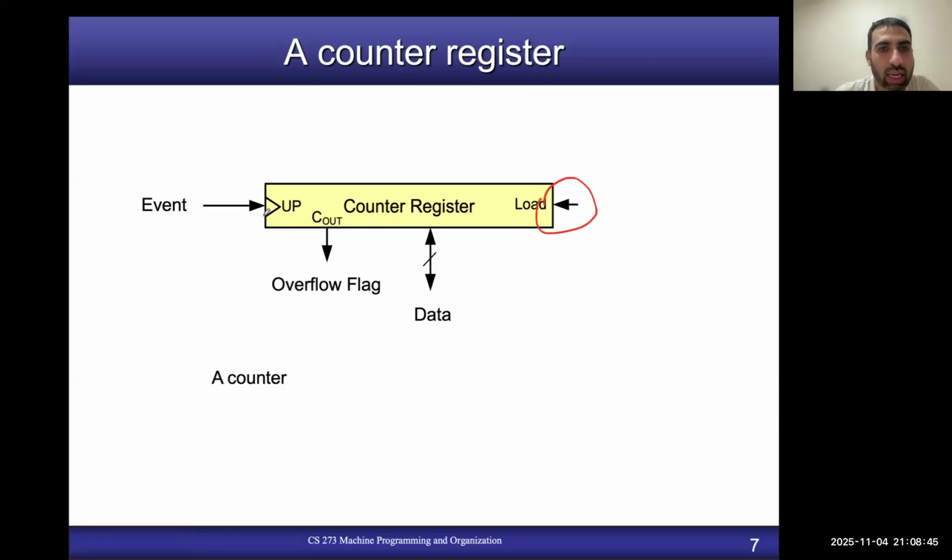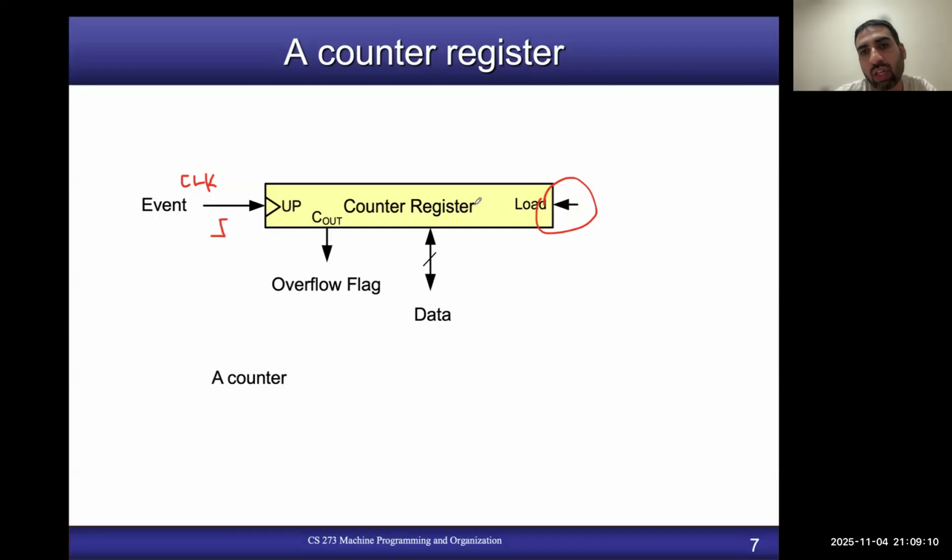And then it has a clock input, which can be a clock or an event. Whenever you have a positive transition, or whenever you have a transition on the event line, the current value of the register is incremented.